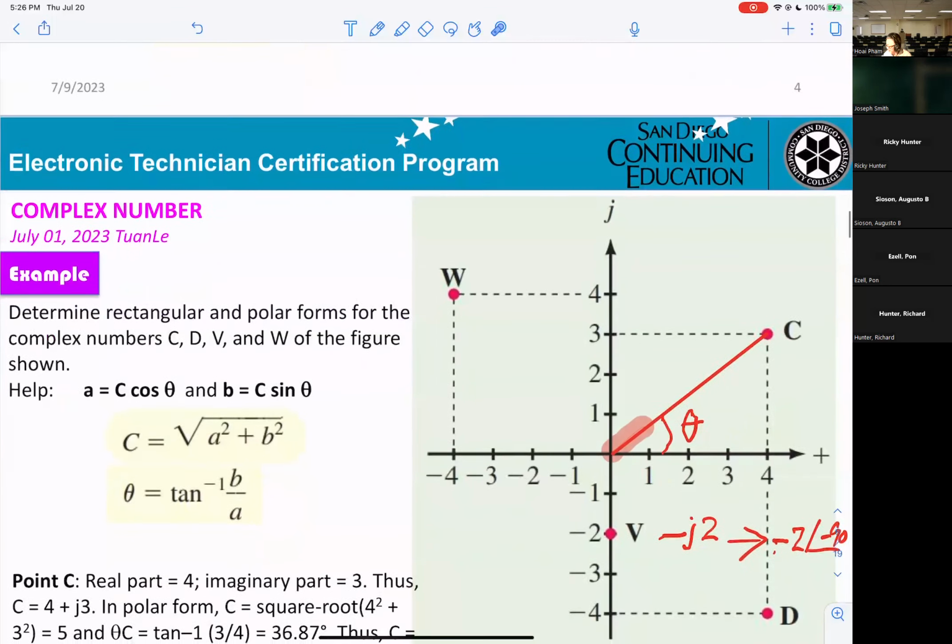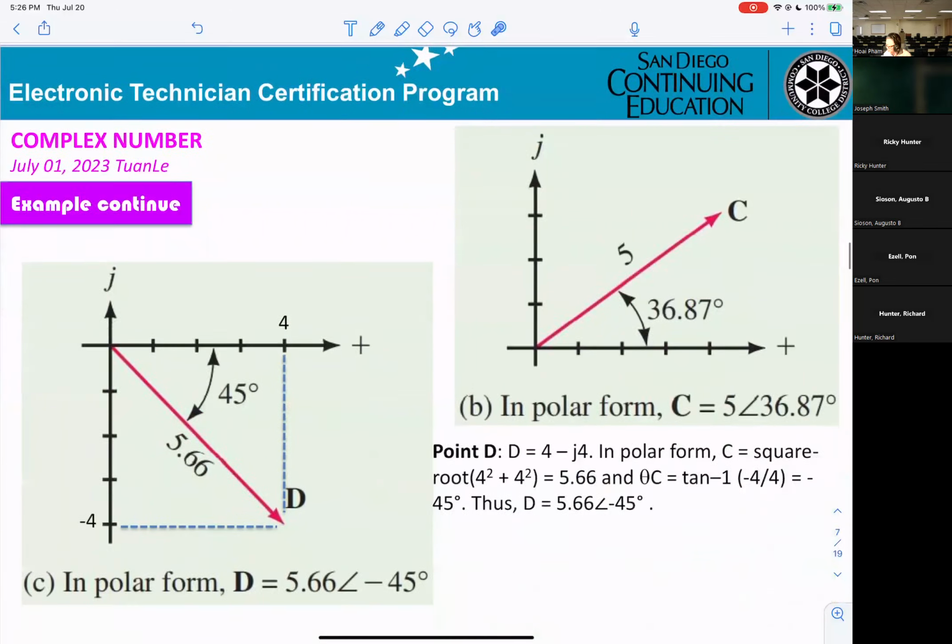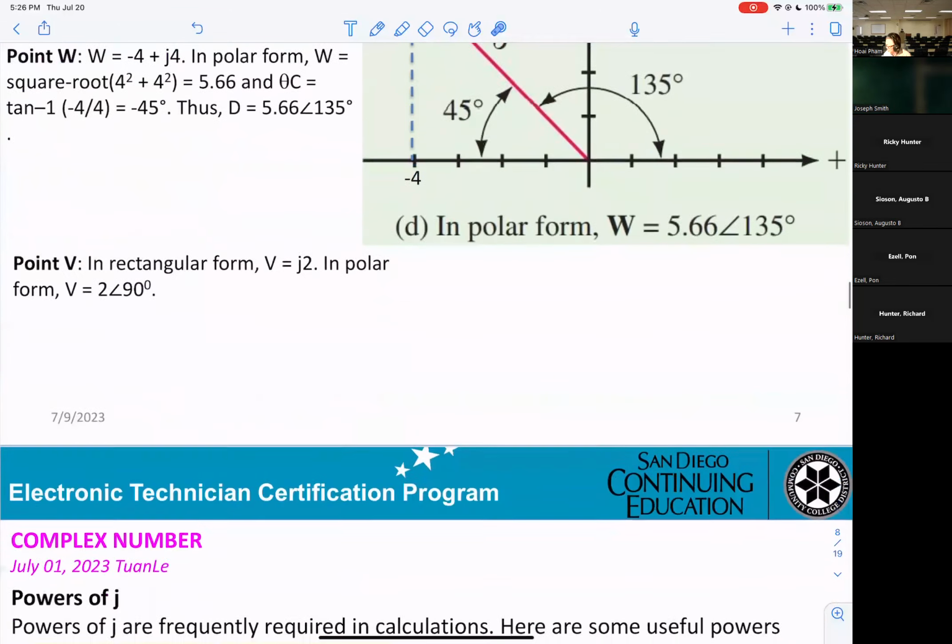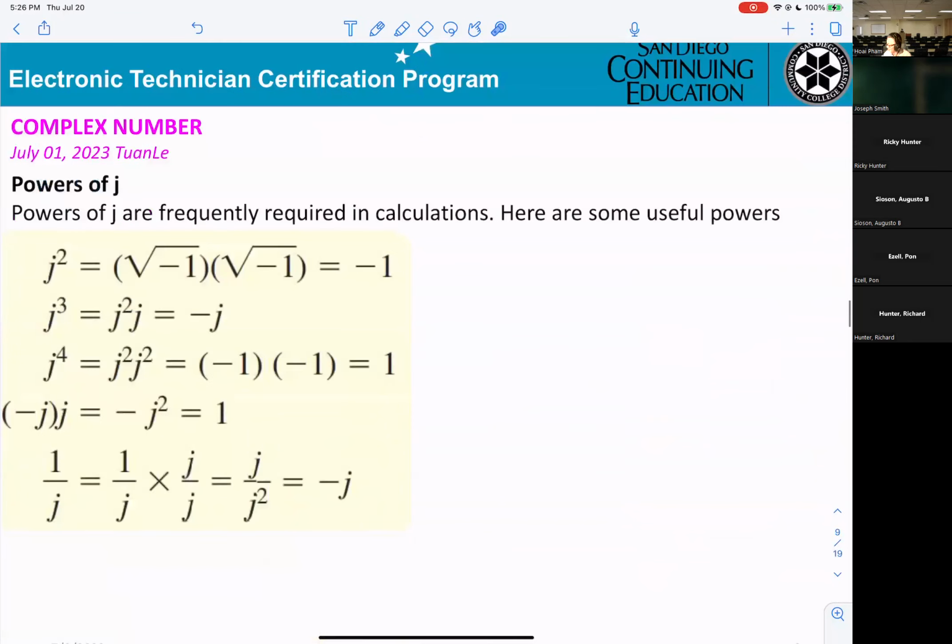Okay. That one we already did. Now, let's learn a little more about J. Remember, J equals square root of -1. So J square equals square root of -1 times square root of -1, you get minus 1.